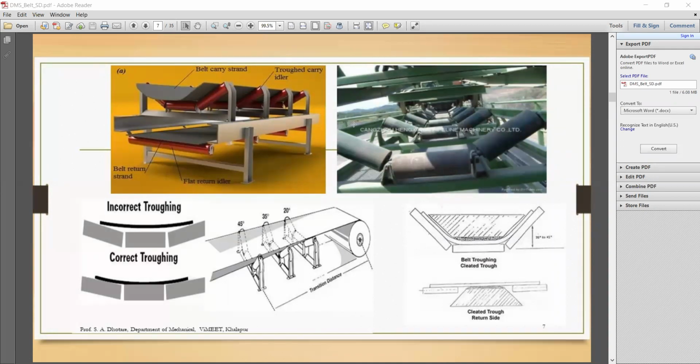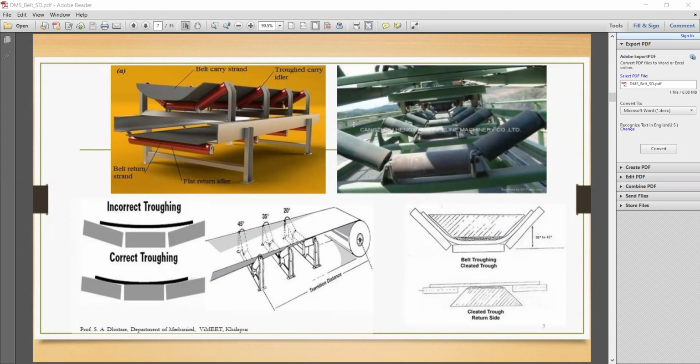If a flat belt operates at higher speed, the material will move outward, so that's why the troughing shape is introduced. Troughed belts are more convenient for handling bulky as well as loose material, so both can easily be conveyed in this system.